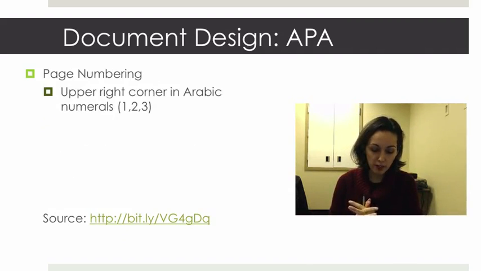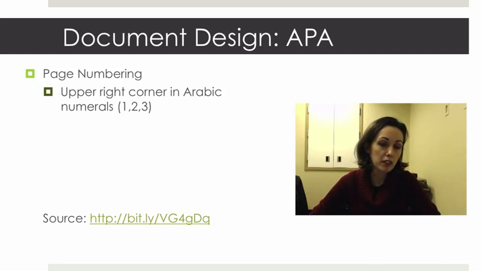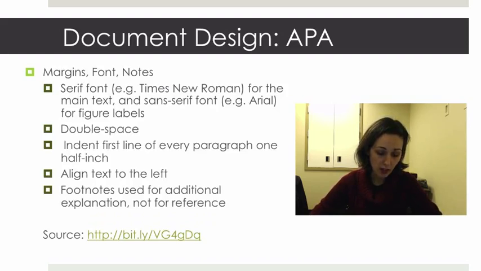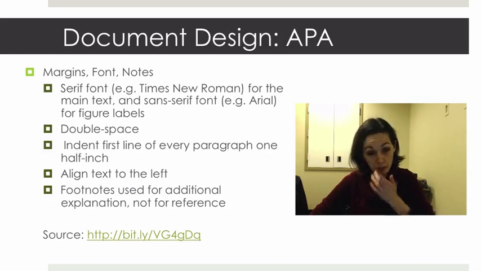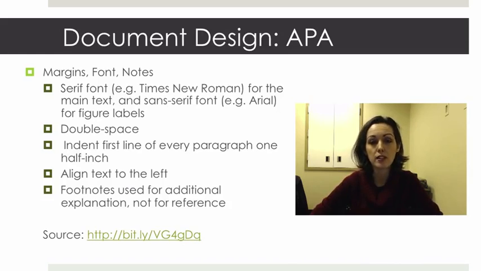Then, after the headings, we have the information about page numbering. The page numbers are supposed to be in the upper right corner in Arabic numerals, as shown in here, which means that they are different from Roman numerals. For the margins, font, and notes, you need to use a serif font like Times New Roman for the main text, and a sans serif font like Arial for figure labels if you are using any figures.